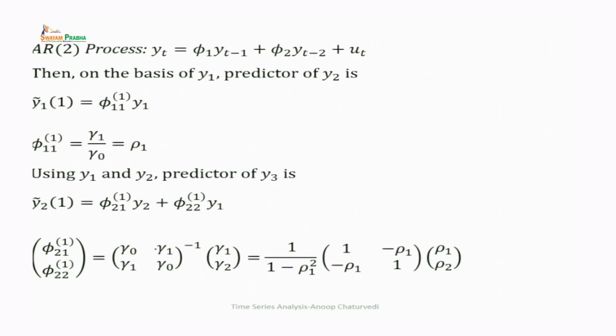So, gamma naught, gamma 1, gamma 1, gamma naught, whole inverse, and here you have gamma 1, gamma 2, and then you just take the inverse of this 2 by 2 matrix, which is very simple, and finally you obtain this quantity.